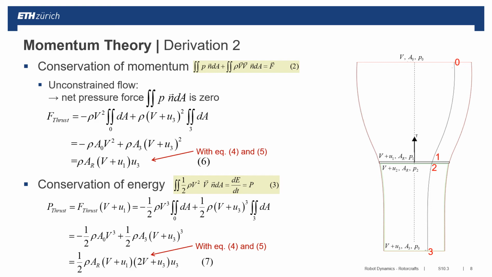Again, if we use equations 4 and 5 of the previous slides, we can get an expression, which is now defined as equation 7, where the thrust power of this rotor system defined by the momentum theory is equal to 1/2 of the density multiplied by the rotor surface and multiplied by different elements of the speeds, which are defined at the different levels of this control fluid block.